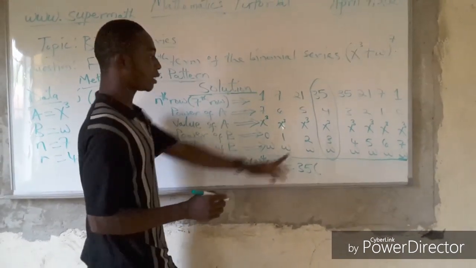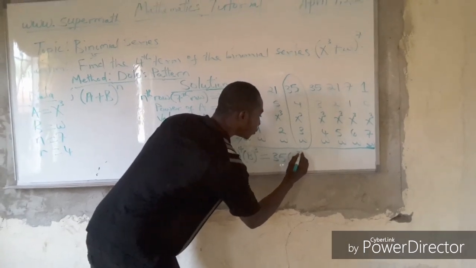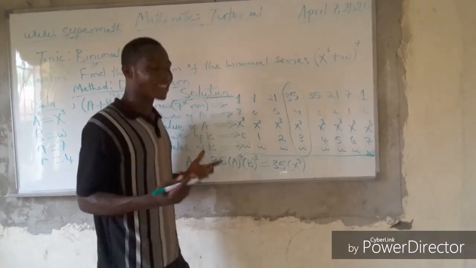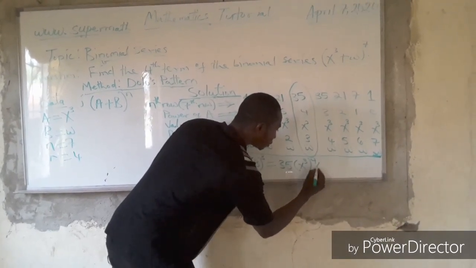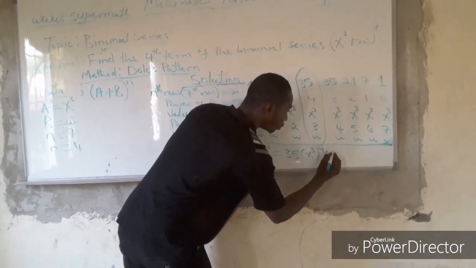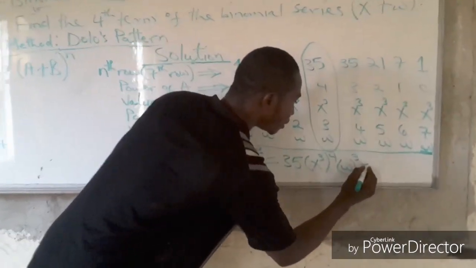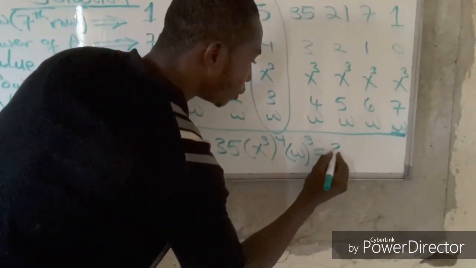The value for A is x cubed, but it has the power of 4, so we include our 4 as a power, times B. The value of B is W, which has the power of 3. This is our final answer, 35.